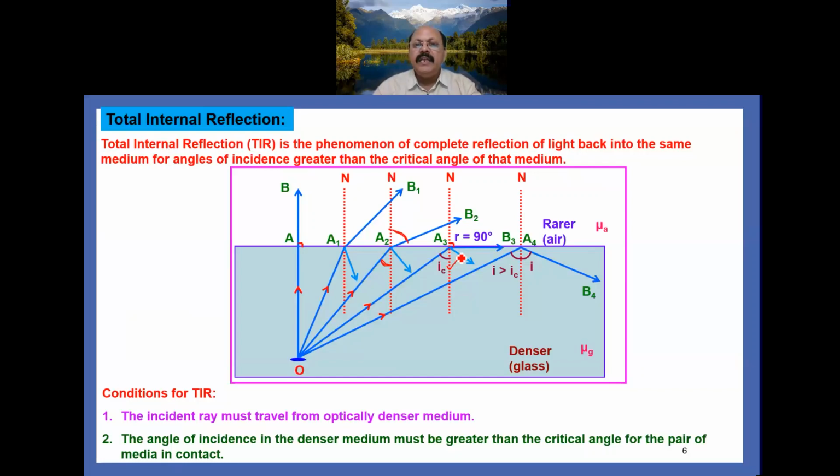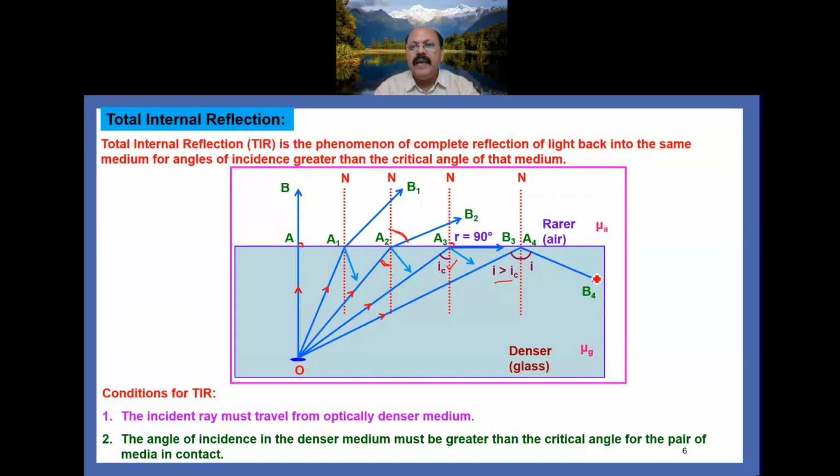Now further we increase the angle of incidence, that is greater than critical angle, then the ray, which is along A4B4, is reflected in the same medium. So when the path of the ray of light changes in the same medium, that is the reflection of light.